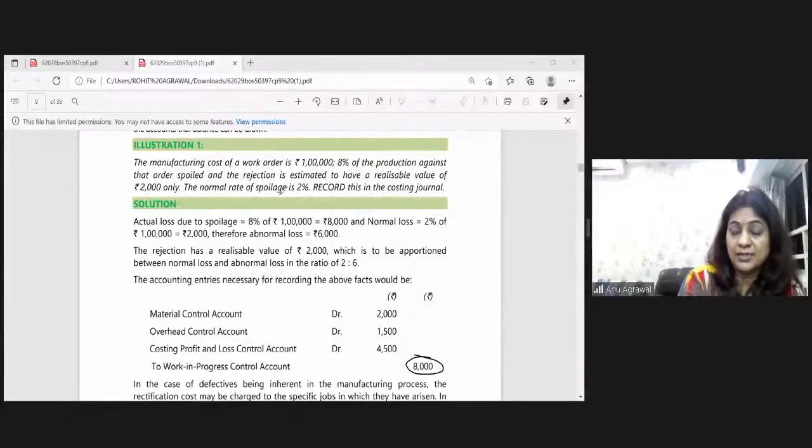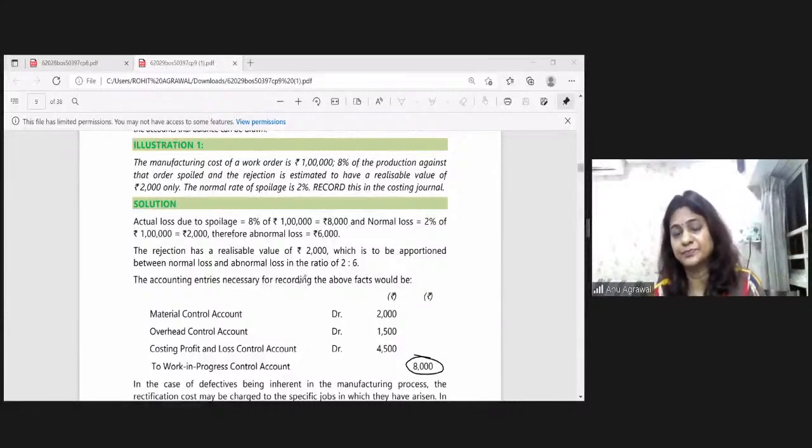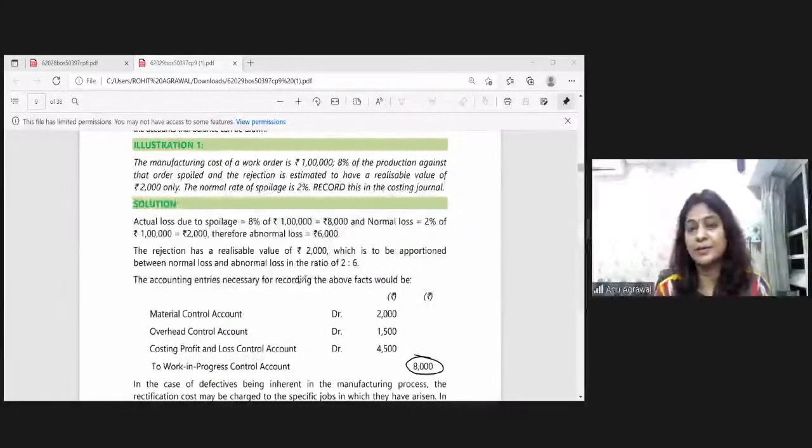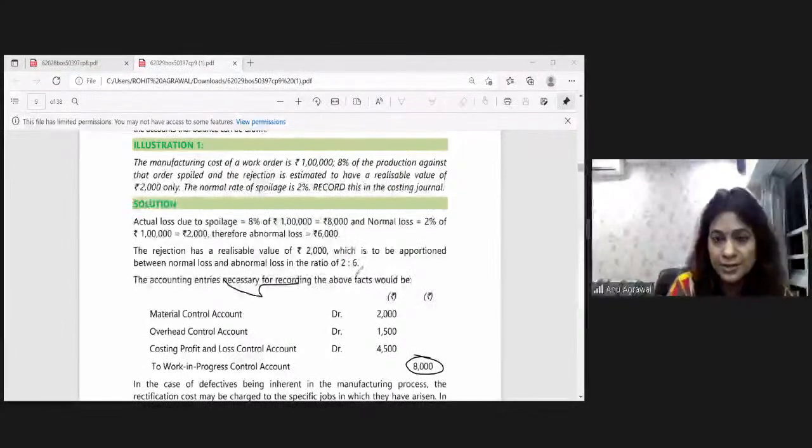Right? First of all, they are saying that the rejection which is there has got a realizable value of only 2,000. That means out of that 8,000, 2,000 is recoverable. So how do we divide it? That means out of this 2,000 which is recoverable, in the ratio 2:6, this 6 is abnormal.